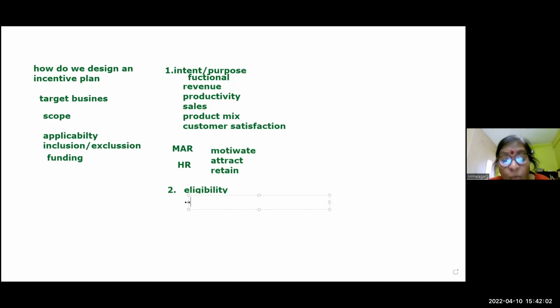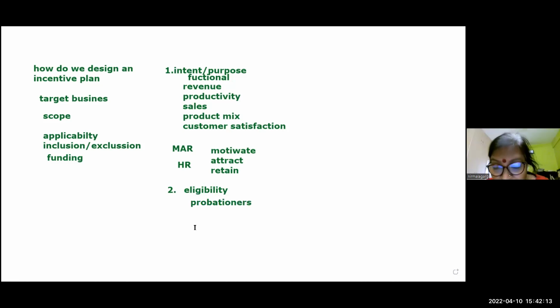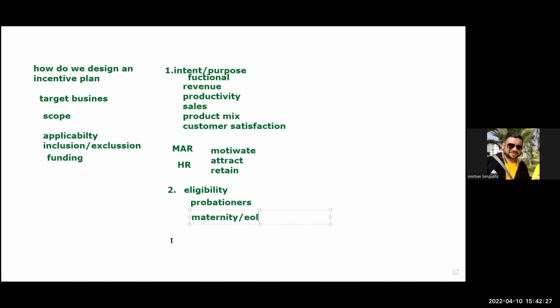And in that scope, I also need to know, will probationers, or from when, after the probation, or people who are on maternity or EOL. EOL is what? Extraordinary leave or loss of pay. You take 2 months, 3 months, disciplinary action.